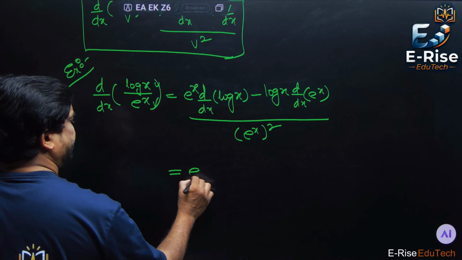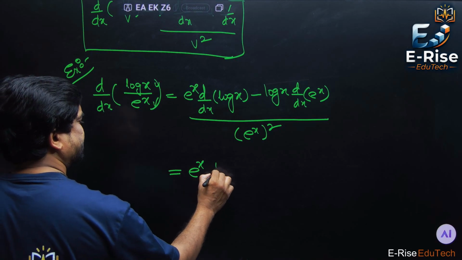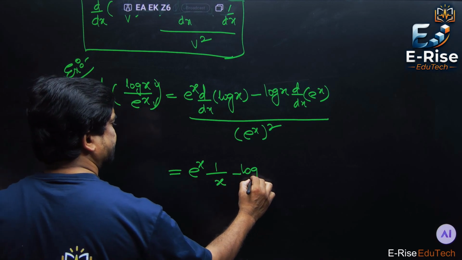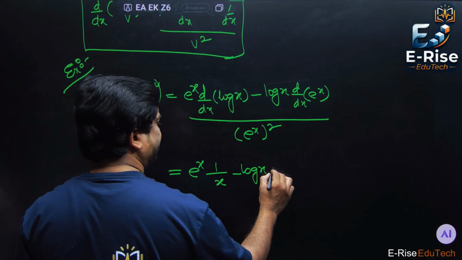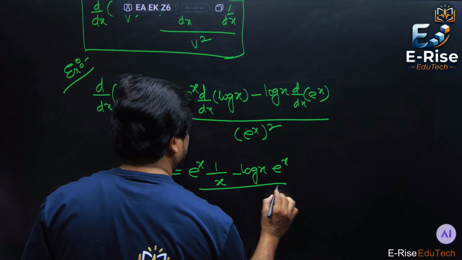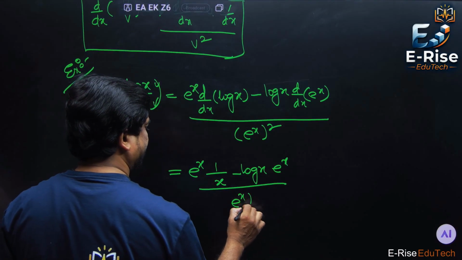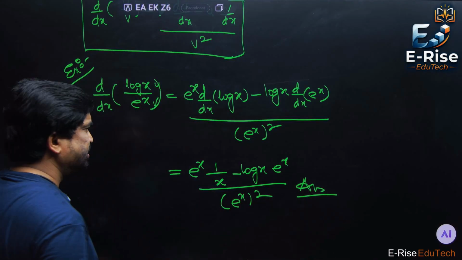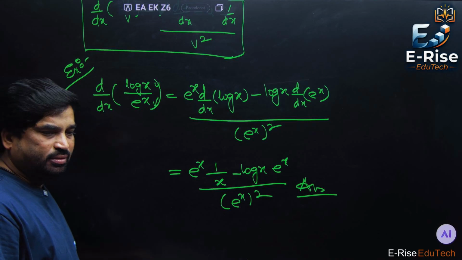So equal to e power x as it is, d by dx of log x is 1 by x, minus log x into d by dx of e power x, which is e power x only, by e power x square. So simply this is the answer. Simple answer.